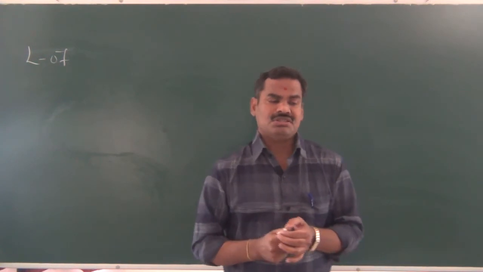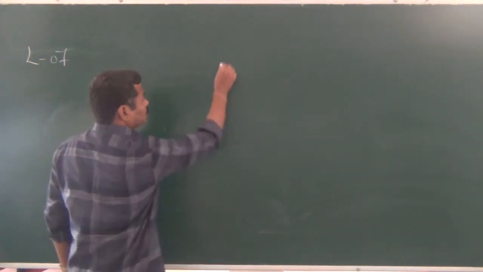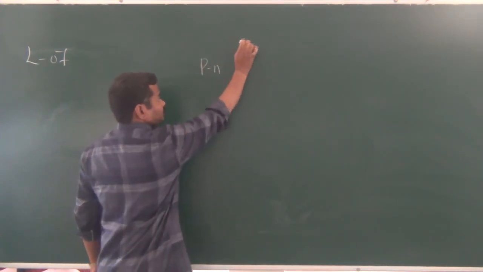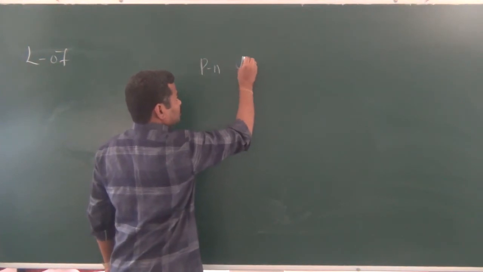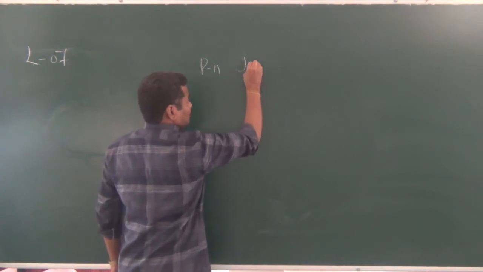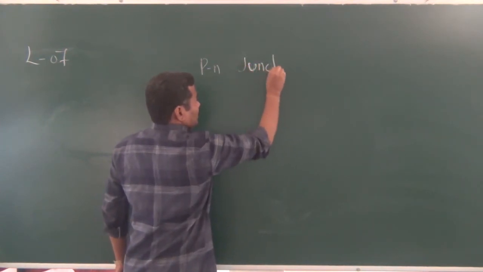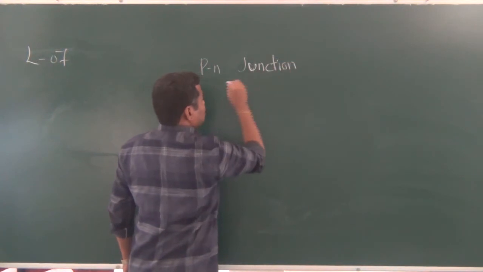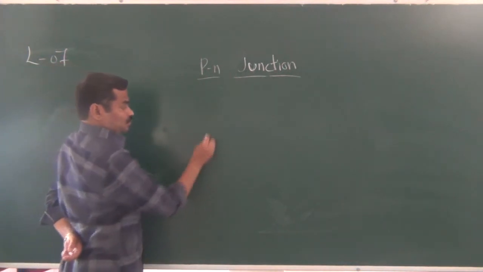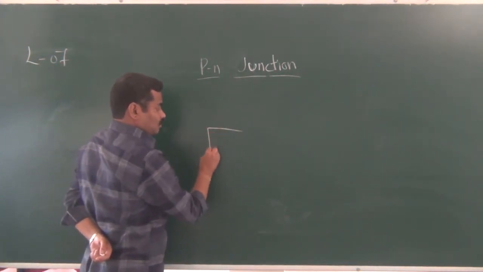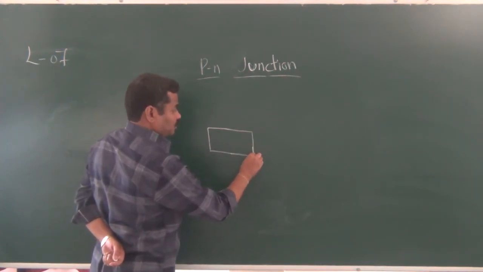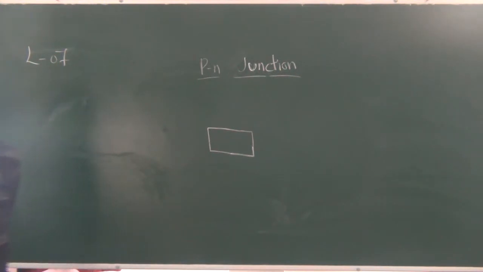And as I said in the last class, consider the PN junction. In this PN junction, the important thing is, as I said already, if you take a small piece of semiconductor, it may be silicon or germanium.